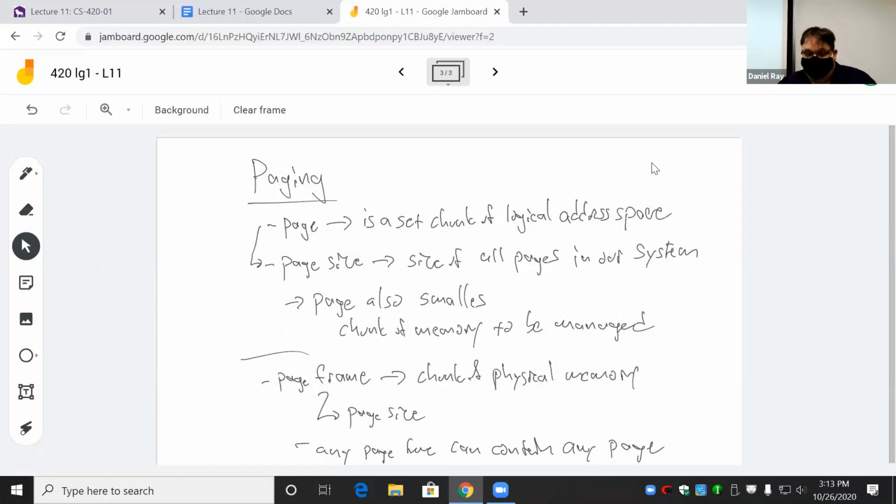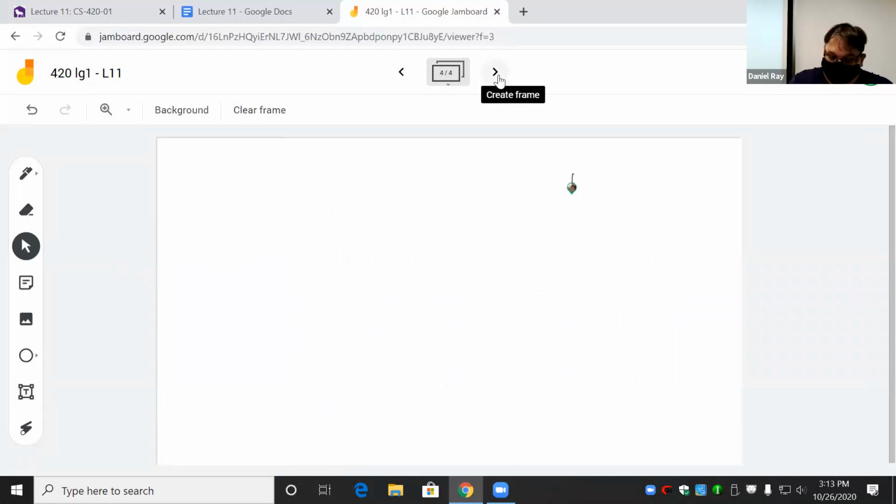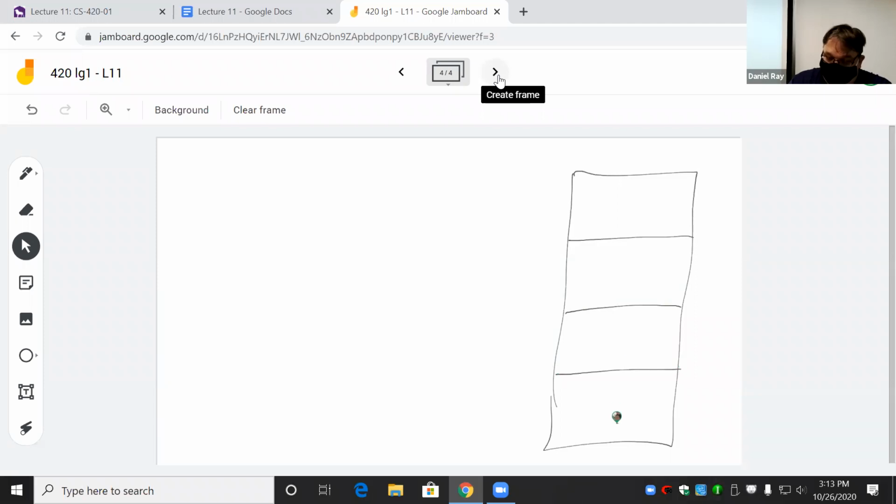So what we've done is we have taken our idea of RAM, and instead of putting in chunks of various size modules, all I've done is divide this up into some number of page frames. So this is page frame 1, page frame 2, page frame 3, page frame 4.